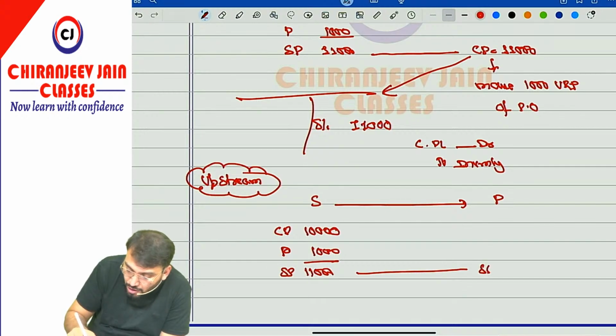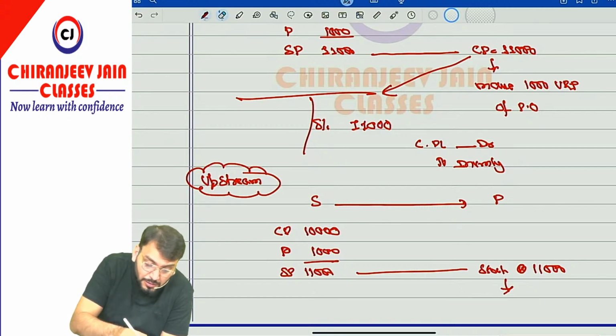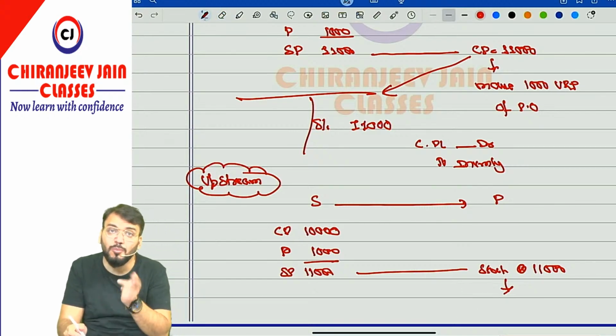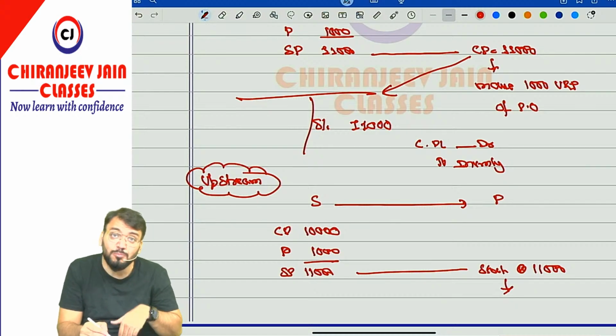Now this becomes stock of the parent company, 11,000. Now this includes the profit of the subsidiary company. Now the stock of the parent company includes the profit of a subsidiary company. That also needs to be eliminated.